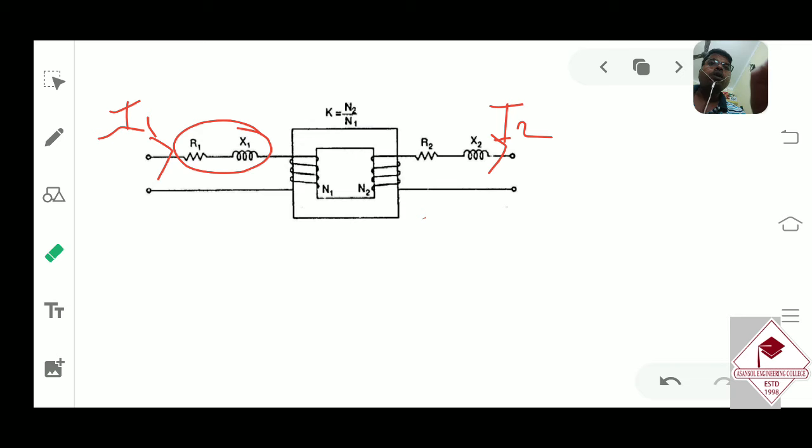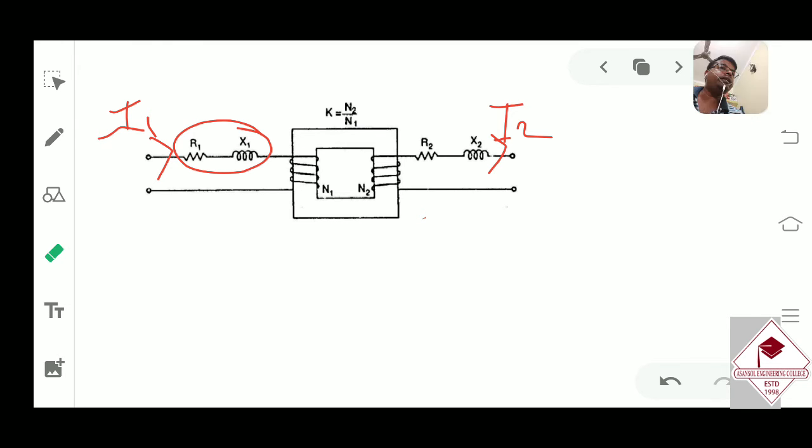Whatever the copper loss in primary was when it was R1, the same copper loss should be in the secondary side when it is transferred.